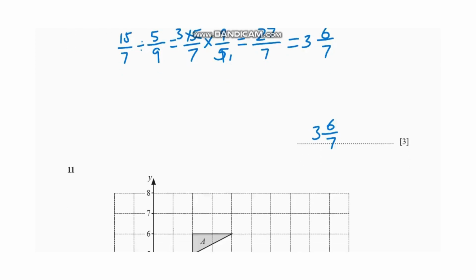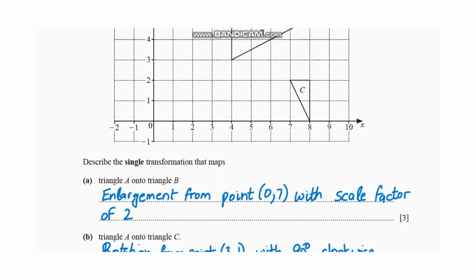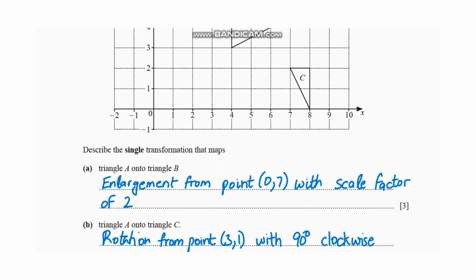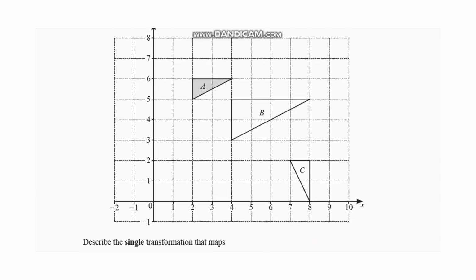Question 11 states, describe a single transformation that maps enlargement from triangle A into triangle B. So from triangle A into triangle B, one main thing you have to consider is we have to connect the same points together.